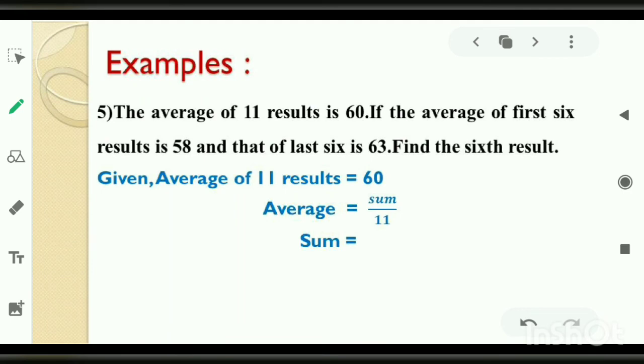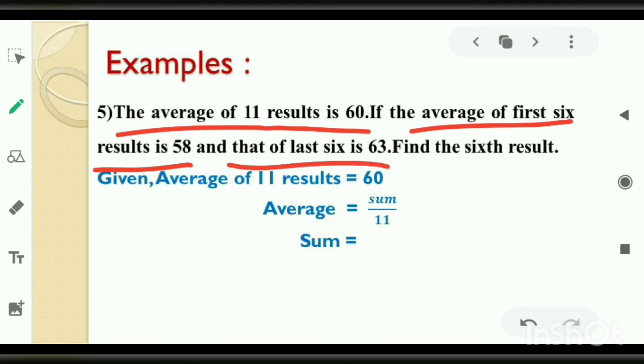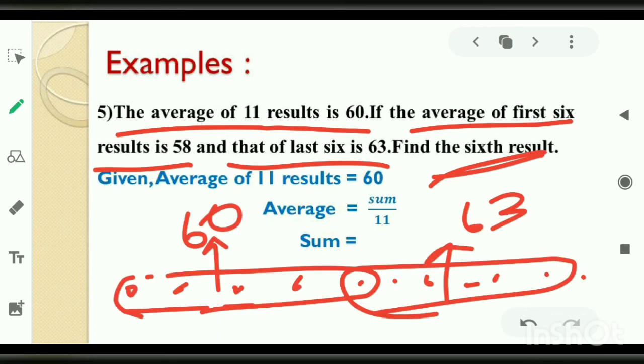The average of 11 results is given as 60. The average of the first 6 results is 58, and that of the last 6 is 63. We have to find the 6th result. First, they have given the average of 11 results as 60.